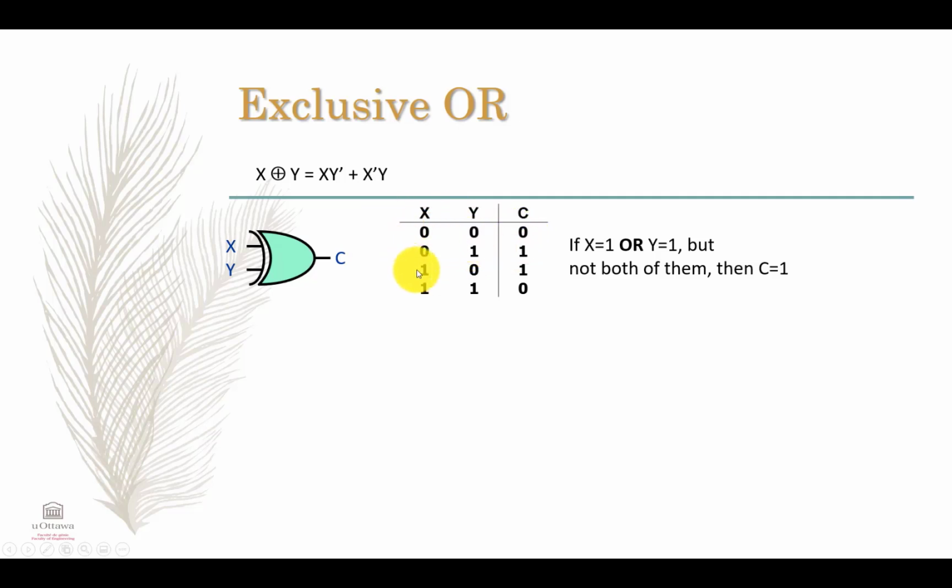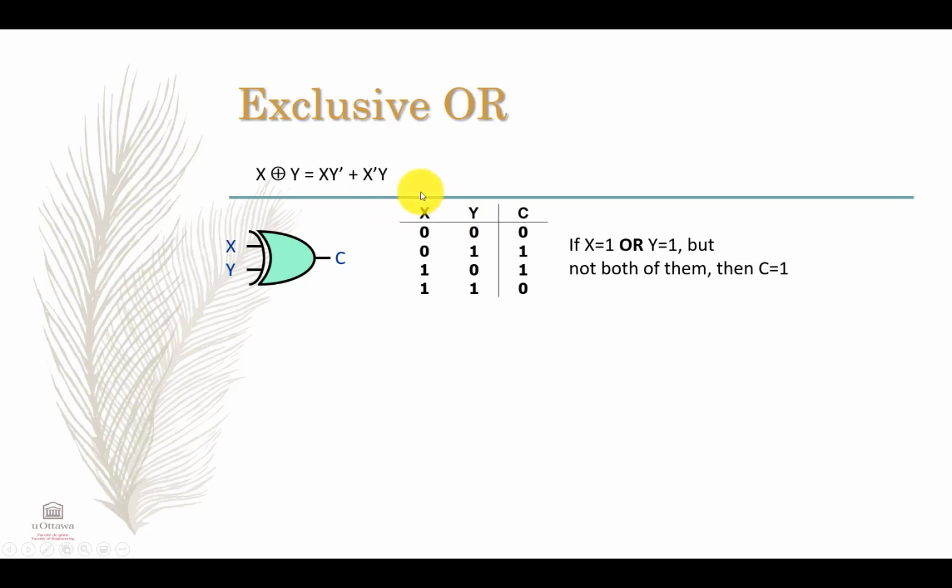If the inputs are different from each other, the output will be 1, okay? The standard symbol for the XOR is like this, and we can refer to the exclusive OR operation by adding a plus with a circle all around that plus sign, okay?